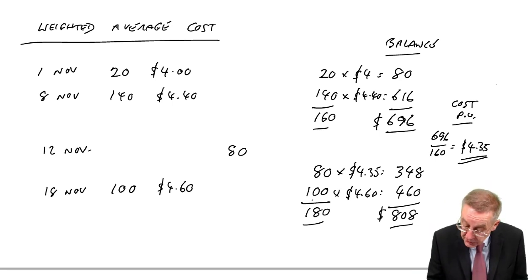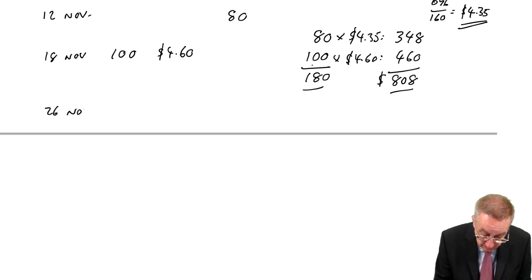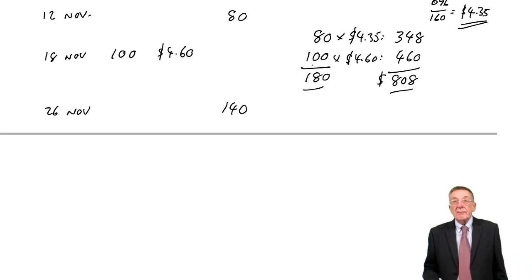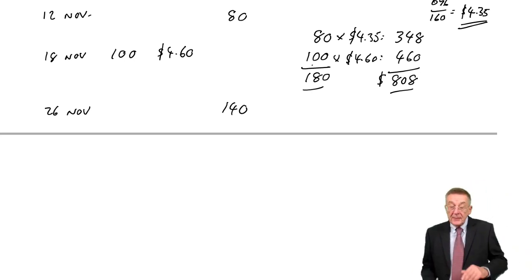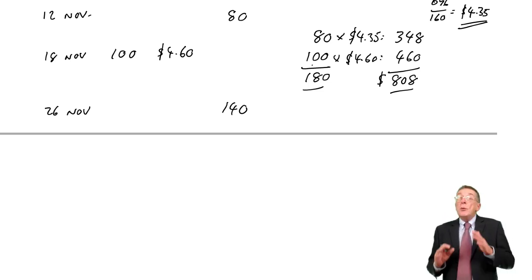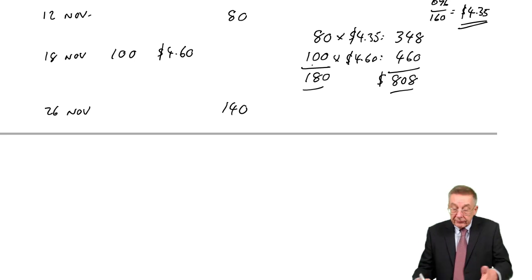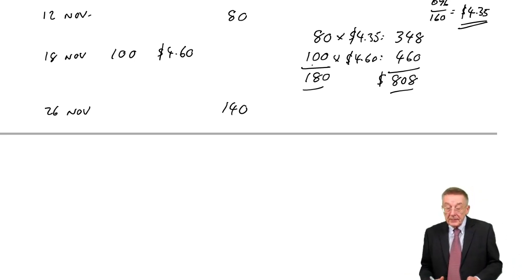However, there's one more issue. So on the 26th of November, we issue 140. But again, we don't try and match them and say, oh, they're old ones or they're new ones. We'll value them at the average cost of the 180 that we had before we issued them.